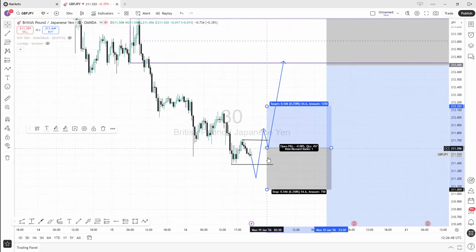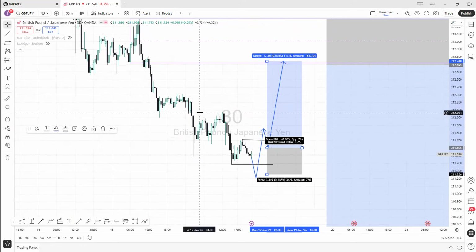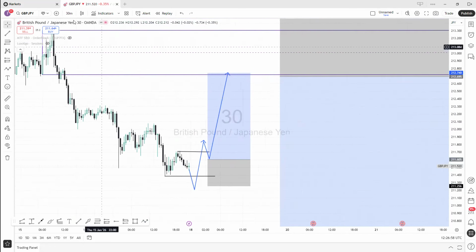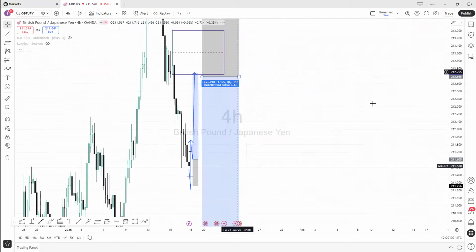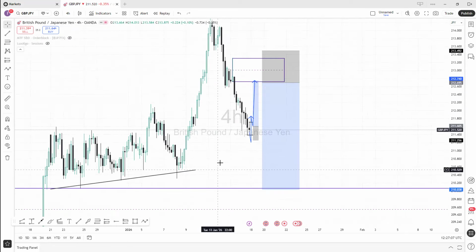So your duty on Monday morning is to wait for a reversal pattern to execute a buy position to that 4-hour supply. And when price reaches that 4-hour supply, your duty again will be to wait for confirmation to execute a short position from that 4-hour supply.